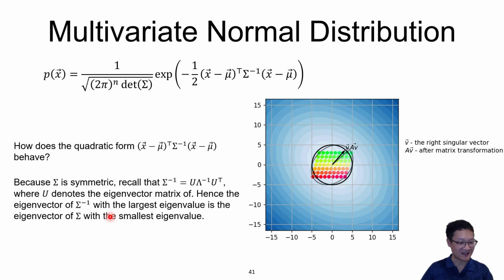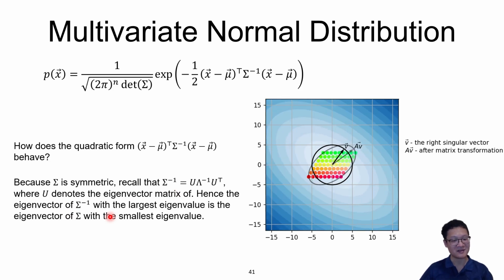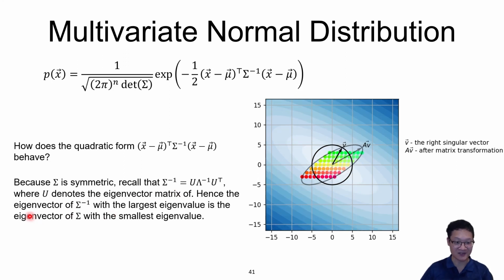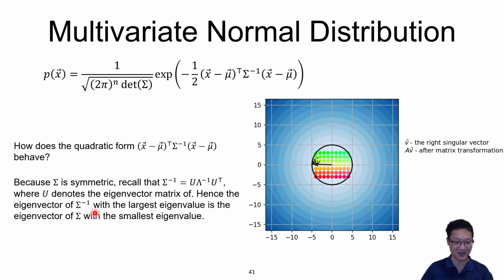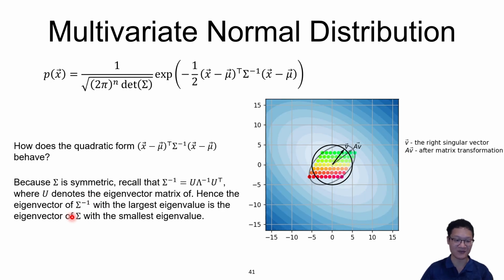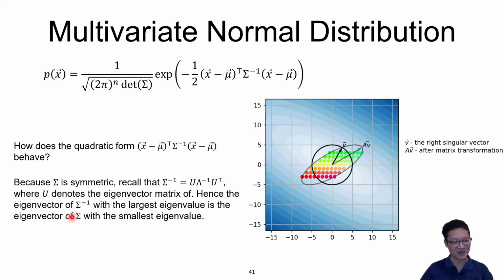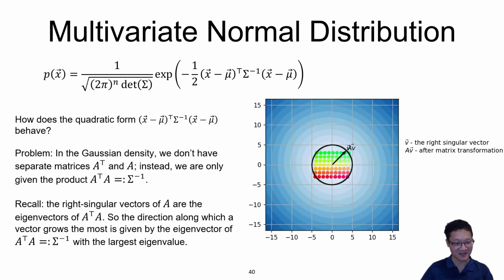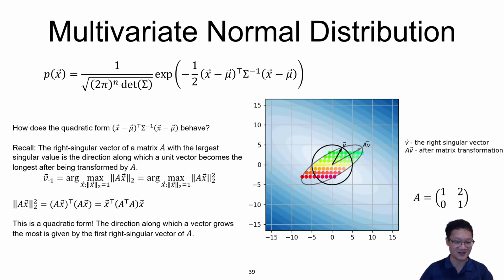So that means that the eigenvector of sigma inverse with the largest eigenvalue is actually the eigenvector of sigma with the smallest eigenvalue. When you take the inverse, all the eigenvalues get inverted, so the largest of one matrix becomes the smallest of the other. Okay, so these few slides, I suggest that you go through them slowly and many times after the lecture.